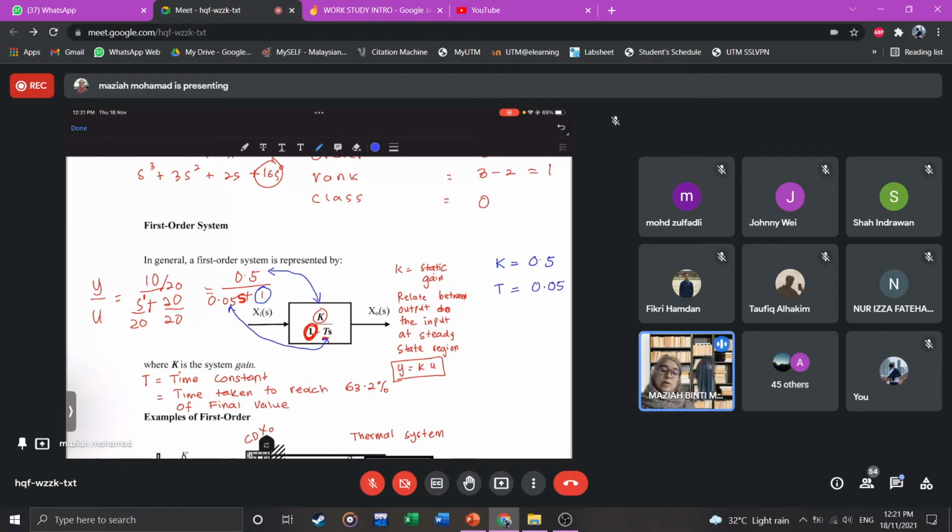By knowing the values of K and T, we can predict the behavior of the system.